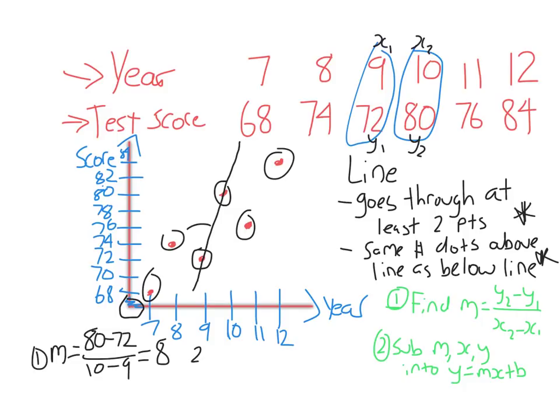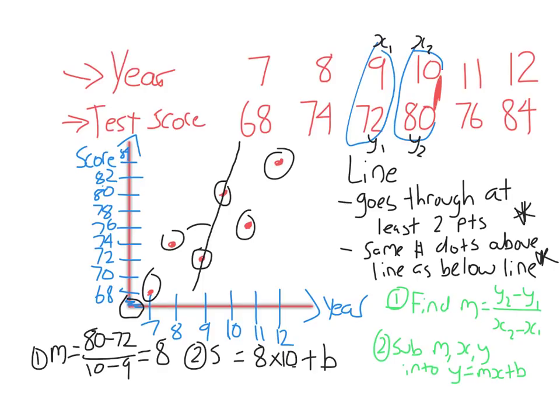So step 2, what I do is I take my equation y equals mx plus b. So I'm going to substitute the gradient for 8 because I just found the gradient was 8. Now I'm going to substitute x and y for one of the points. It doesn't matter which one. I will choose this point here, which is (10, 80). So what that means is I'm going to substitute x for 10, and I'm going to substitute y for 80.